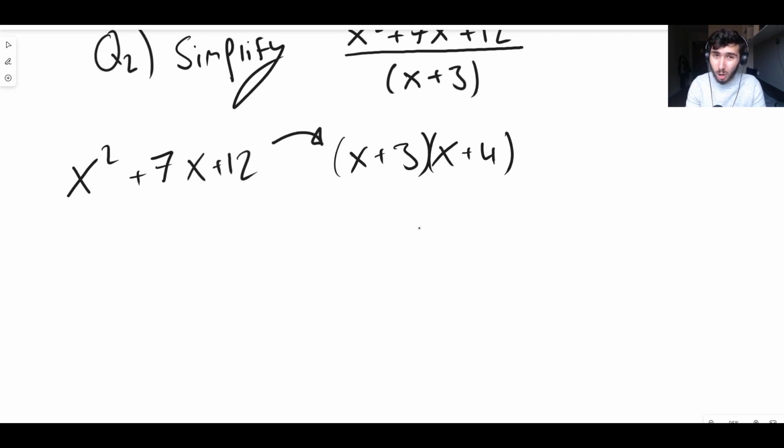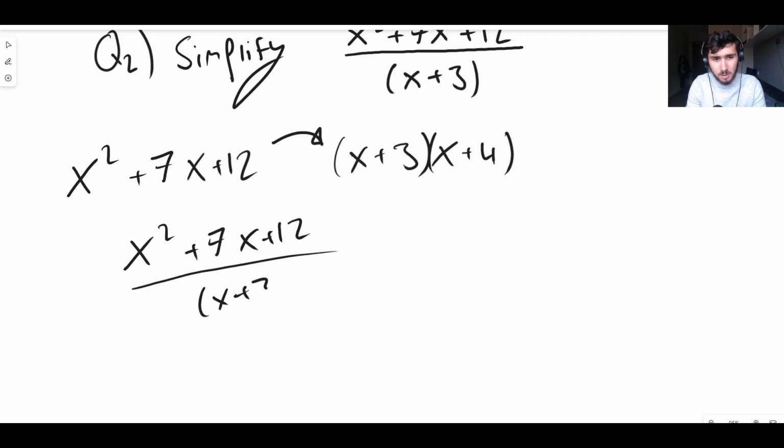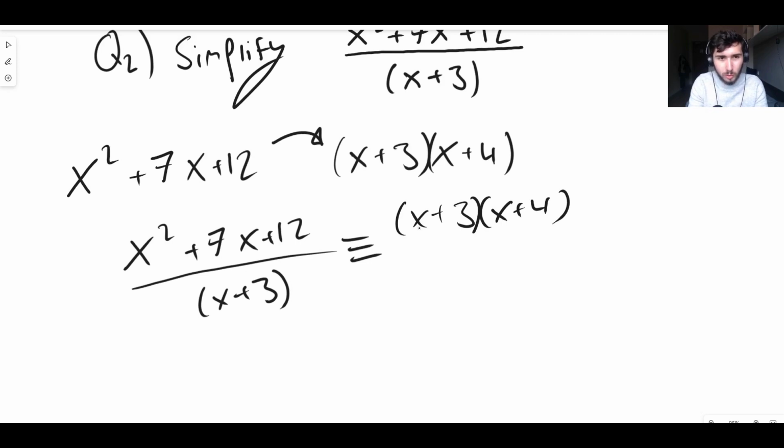So we can rewrite the whole thing: x squared plus 7x plus 12, all divided by x plus 3, is identical to, and we use 3 dashes there for identical because they're always equal, doesn't matter what the value of x is, x plus 3 times x plus 4, because that is the numerator, we've just shown that, but it's still being divided by x plus 3.